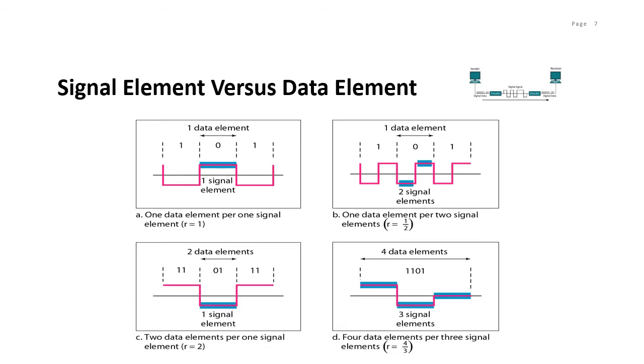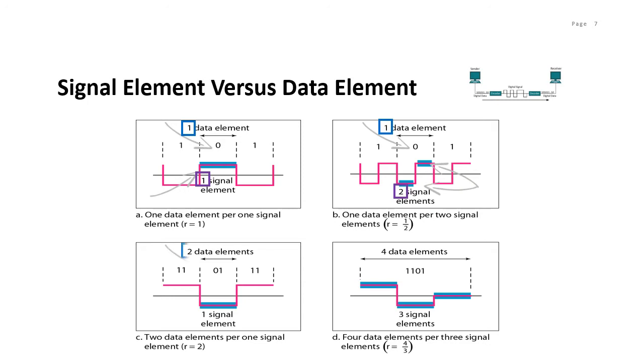Let's see some examples to help distinguish between signal element and data element. In case A, we have one data element per one signal element, and from there we can calculate R, the ratio, equals 1. For B, we have one data element being carried by two signal elements. These extra signal elements help with synchronization, and from there we can calculate R equals 1 over 2.